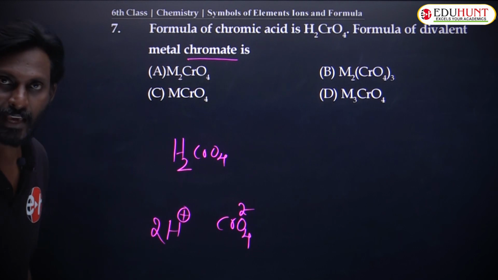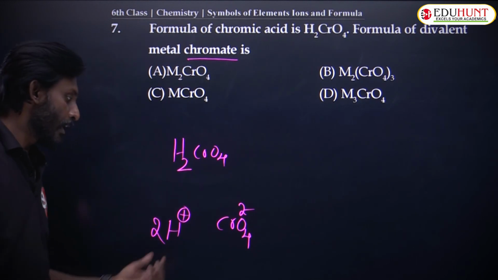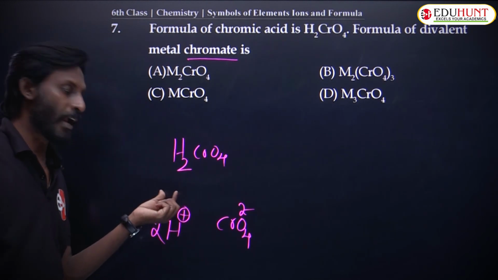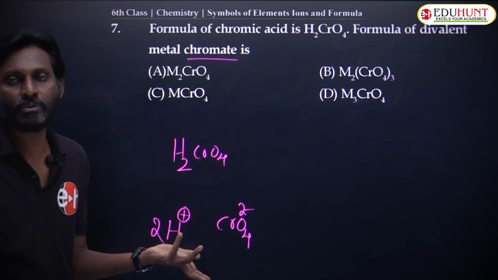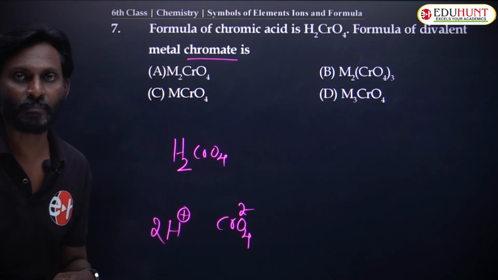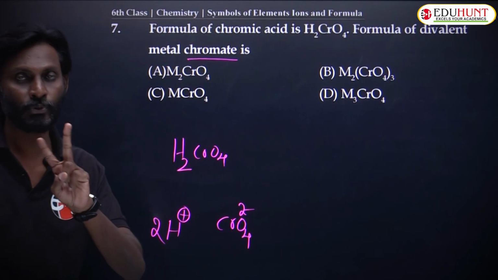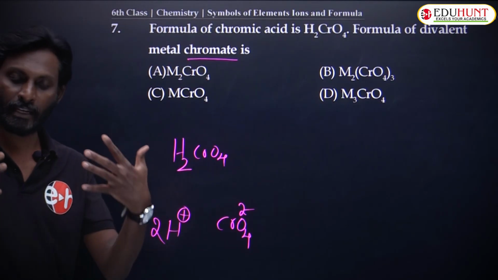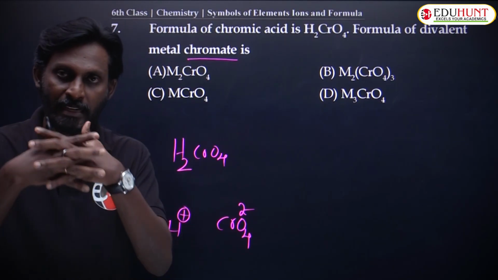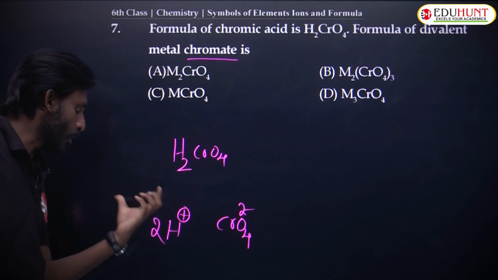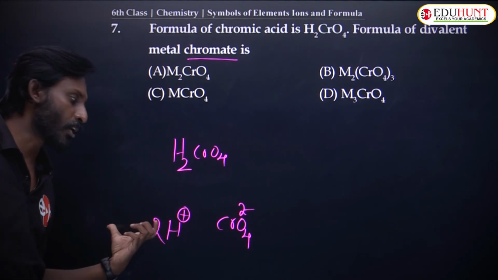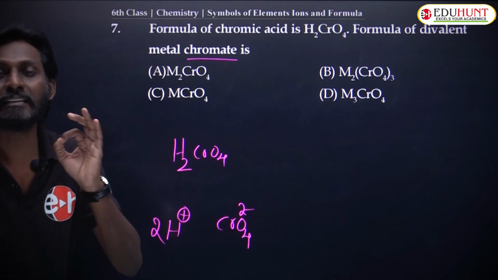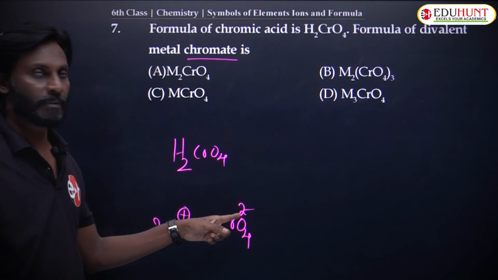You can guess like that, because there are 2 hydrogen. Cation is hydrogen. Hydrogen is always H plus. 2 hydrogen means 2 units positive charge. In any compound, charge has to be ultimately balanced. So the positive charge present on the cation must be equal to the negative charge present on the anion.